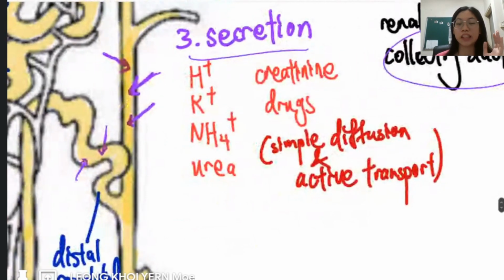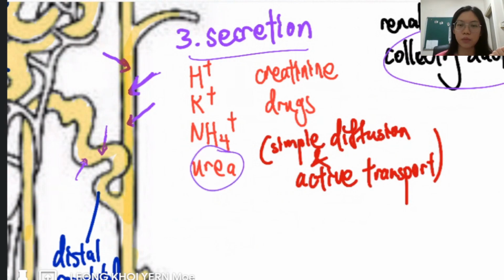So secretion is basically getting rid of waste material, because our kidney not only regulates the salt and water content, it also discharges the waste material out of your body. These waste materials will be secreted out through simple diffusion and active transport. Some examples are ammonium ion and urea.